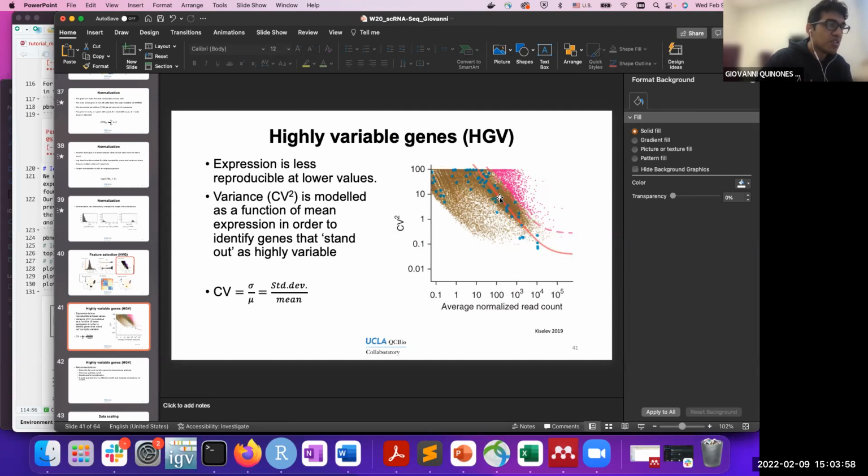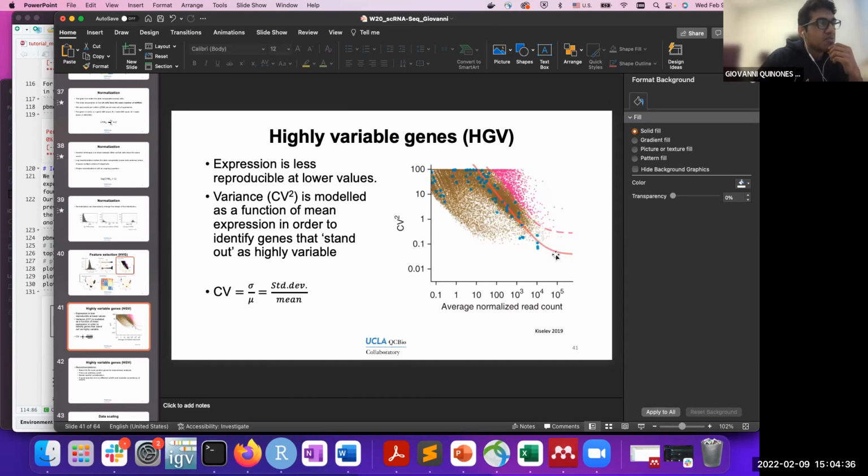The next step is usually to model. We want to find this relationship between the variance and the average expression value. The reason why we want to model, to find this function that describes the data, is that based on this function we can identify what stands out. For this particular figure, they used a gamma distribution to model this curve.